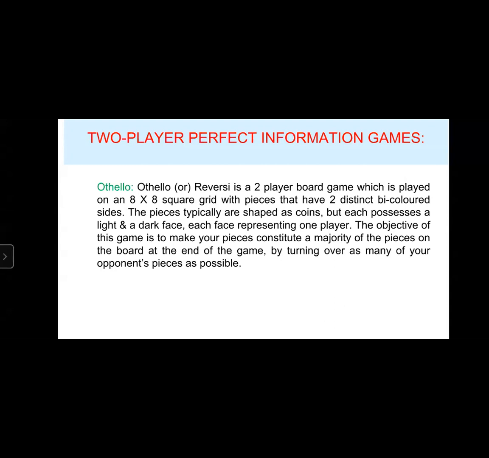Here, the objective of this Othello game is to make your pieces constitute a majority of the pieces on the board at the end of the game, by turning over as many of your opponent's pieces as possible.